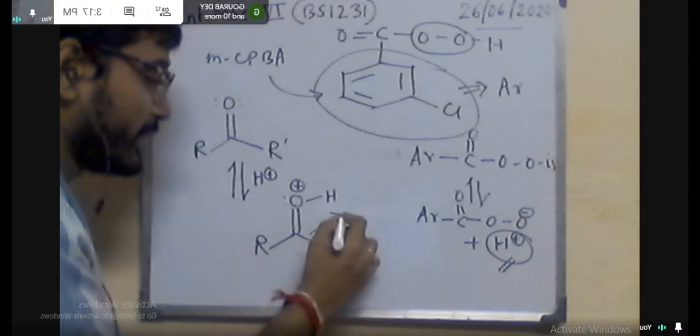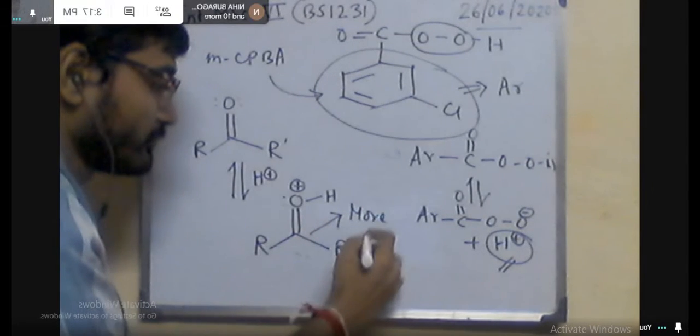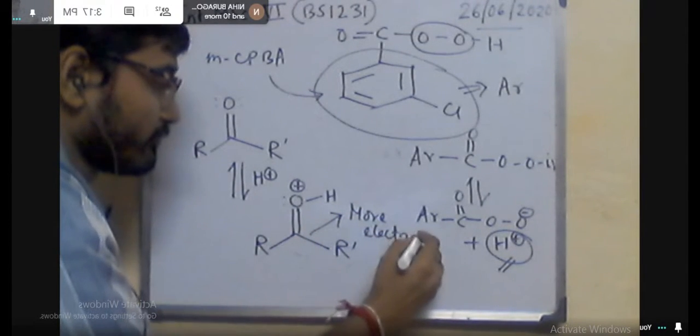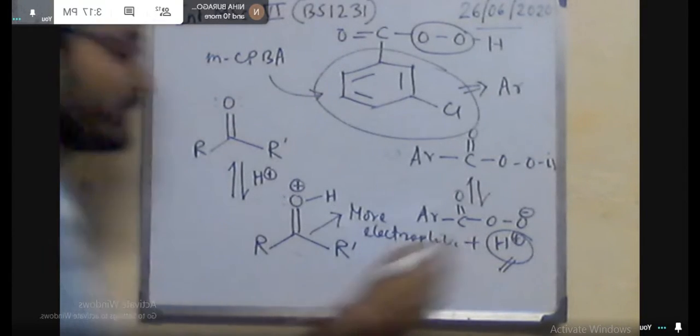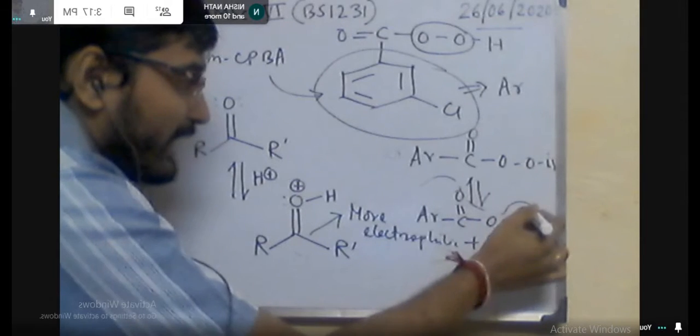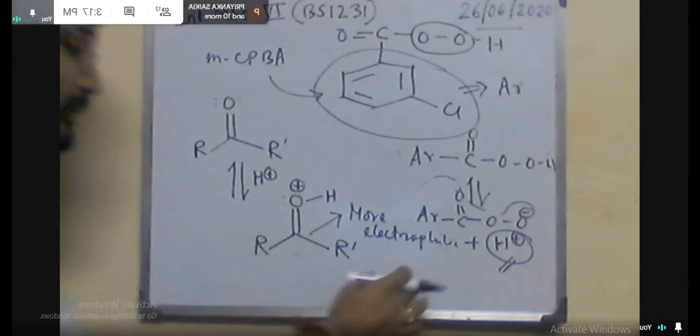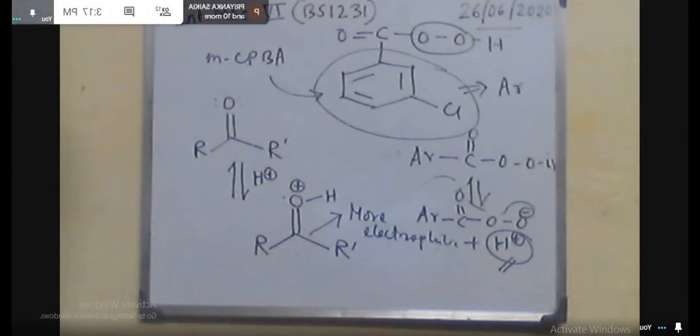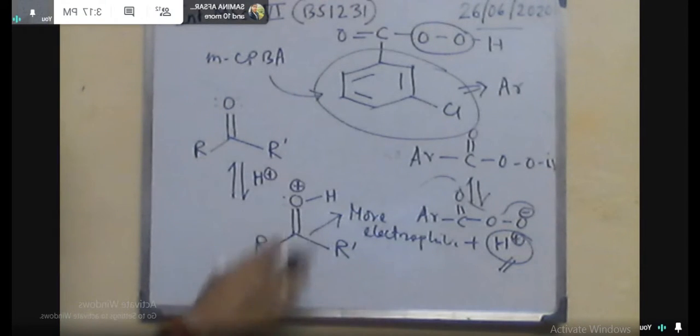And in this structure you can see this is the counter anion, or it can act as a nucleophilic center. So there will be the nucleophilic addition here. So after protonation, due to the enhancement of the electrophilicity of this carbonyl carbon, the counter anion which can act as a nucleophile will attack here, and that reaction is named as the nucleophilic addition reaction.